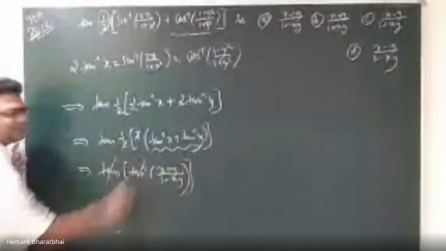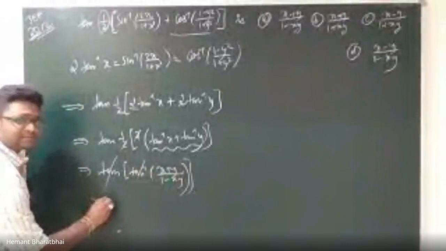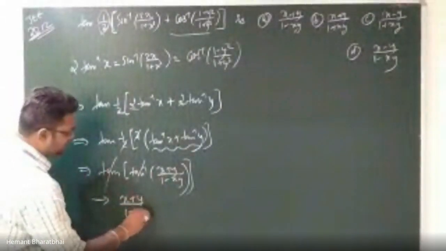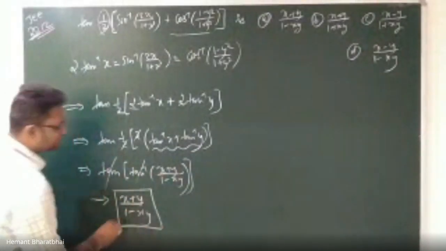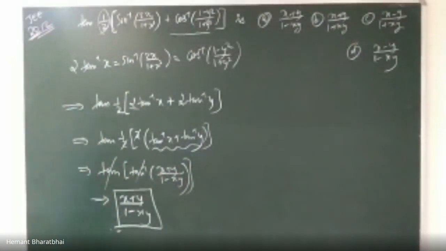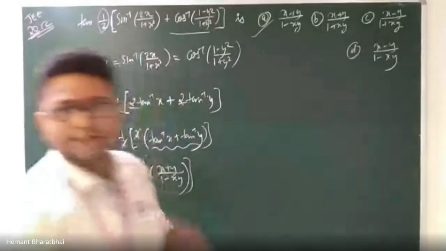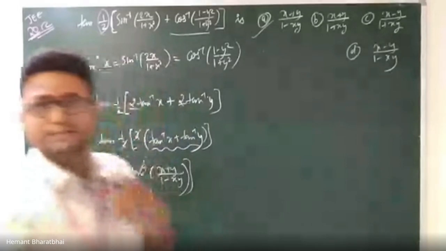Now this tan and this tan inverse get cancelled and I'll get (x plus y) upon (1 minus xy). So this is the answer, which is our option number A. Your answer is option number A.